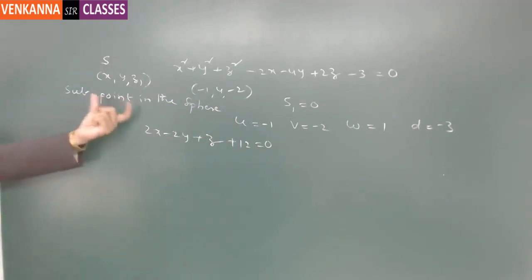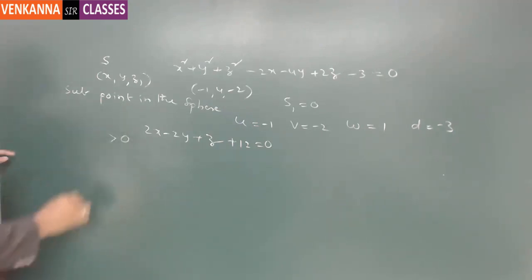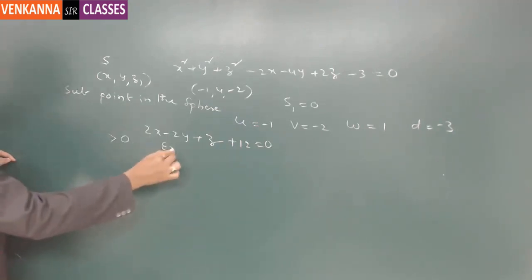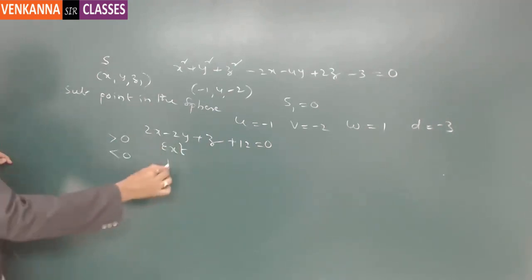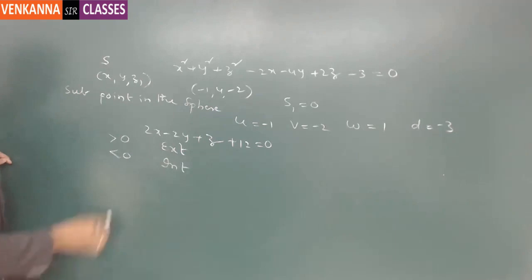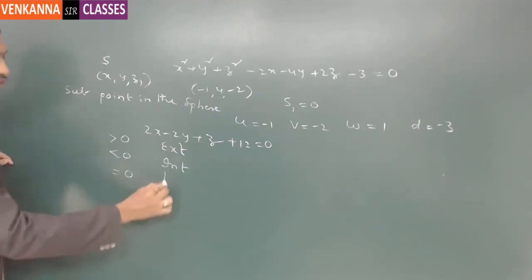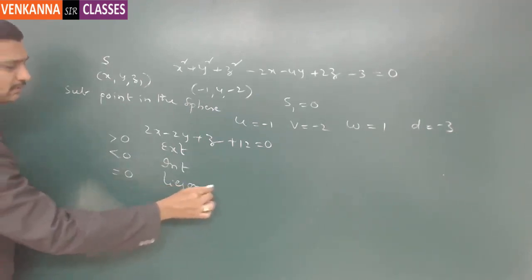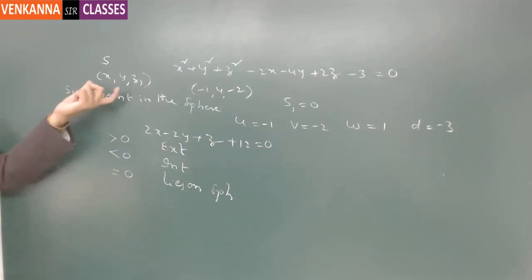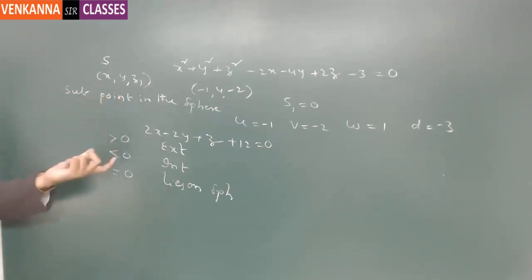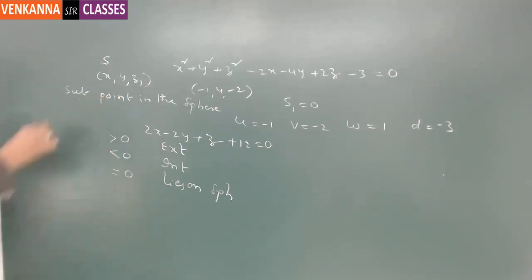So you will get a number. If the number is greater than 0, it is an external point. If the number is less than 0, it is an internal point. If it is equal to 0, the point lies on the sphere. And the value you get by substituting, we generally denote with S11.